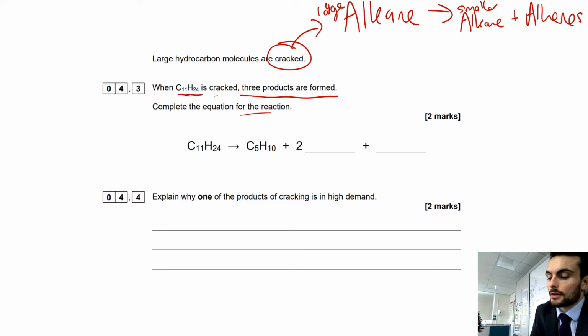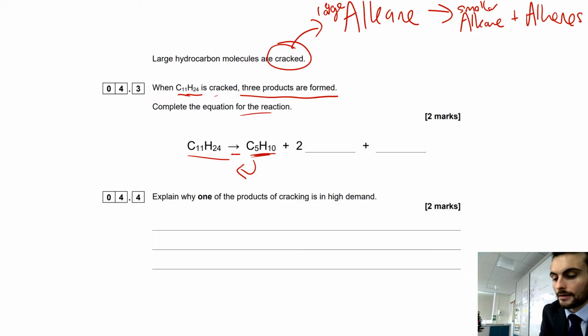So the first thing we've got is this alkane, and we know that we're going to make this alkene, and then we're going to make 2 of something and 1 of something else. First thing I would do is figure out how many carbons and hydrogens I have left to play with to see what the products might be. So I would subtract this C5H10 from that starting reactant.